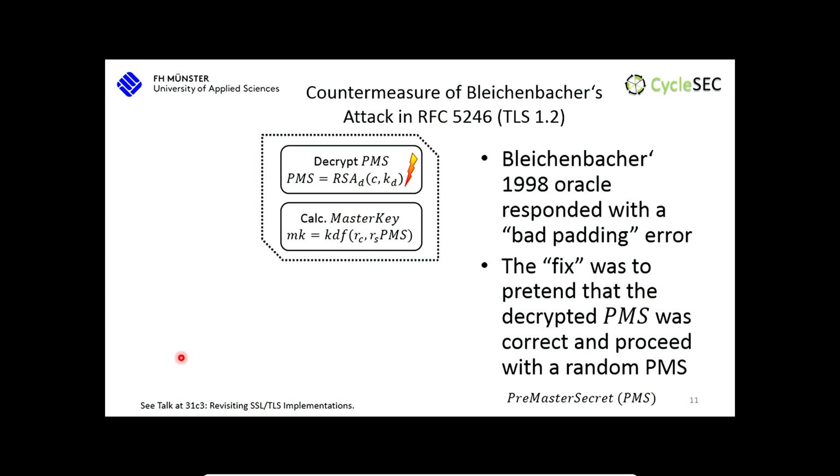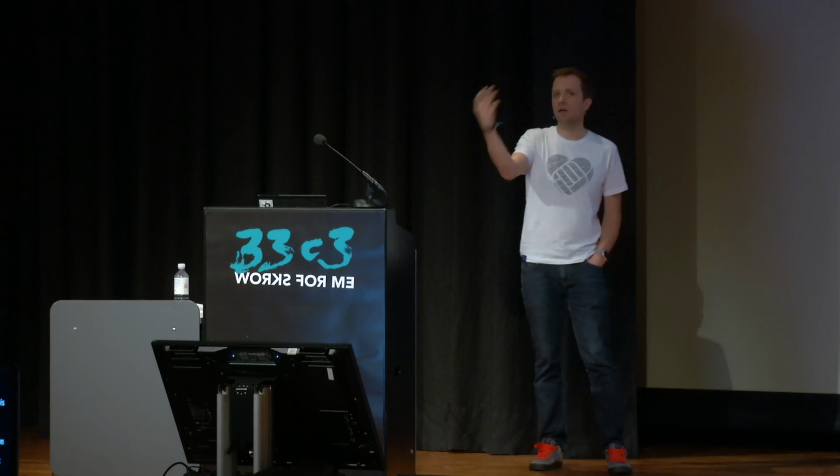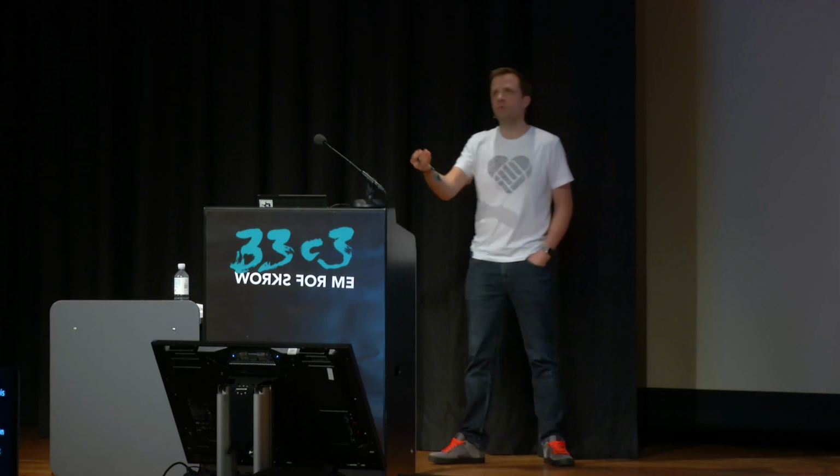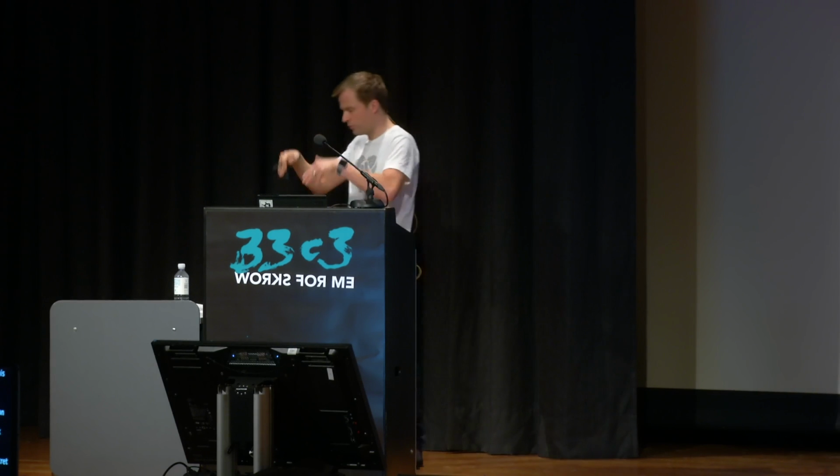They just said, okay, here's an implementation fix so that the Bleichenbacher attack won't work anymore. And it works like this. We pretend that the decrypted pre-master secret that we have received was correct, and we proceed with a random pre-master secret. So in case the ciphertext that we have just received was invalid, we just generate a random pre-master secret and continue with the flow.